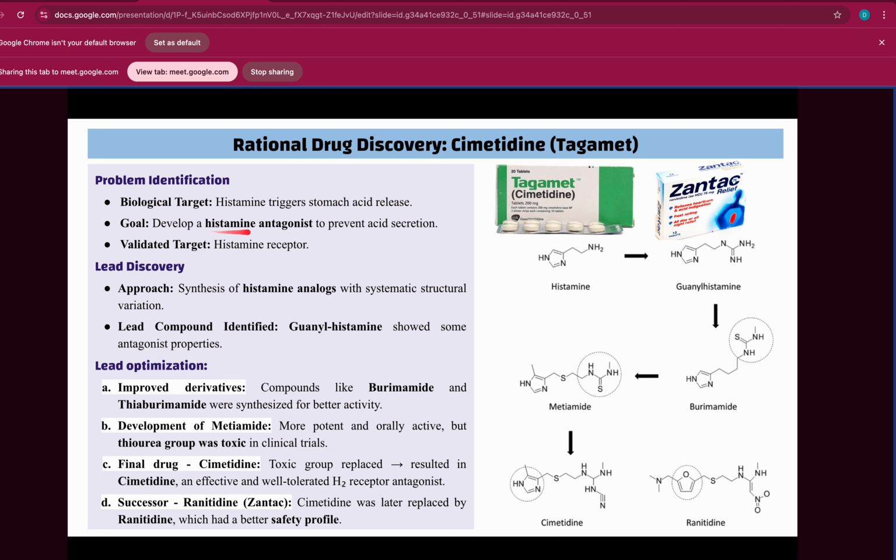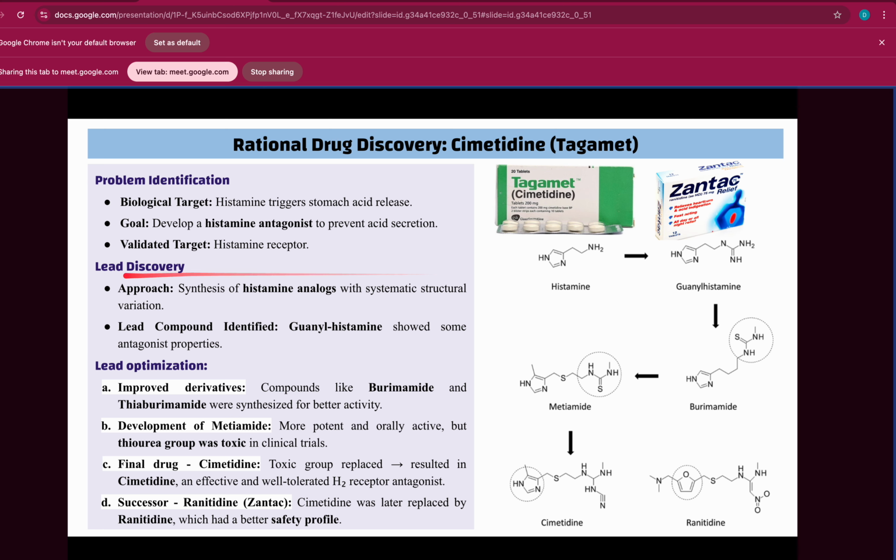Our goal was to develop a histamine antagonist which can reduce the effect of histamine to prevent acid secretion. So the validated target is the histamine receptor. That means you want to design the drug which can bind to histamine. So this is my target, and my ligand or my drug will be the one which binds to this. This comes under the structure based drug discovery approach, in which I know the structure of my target.